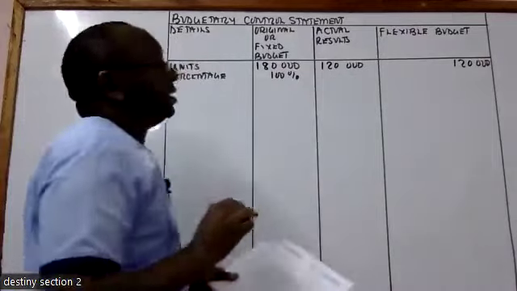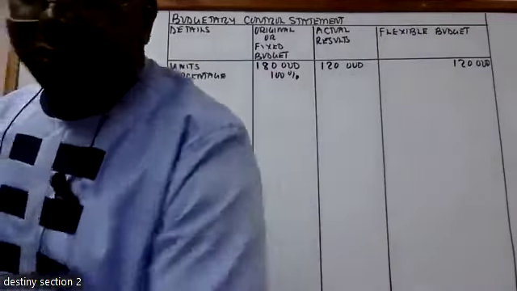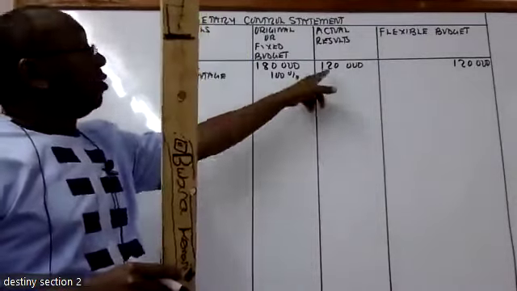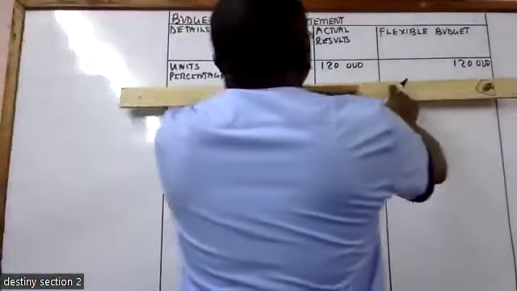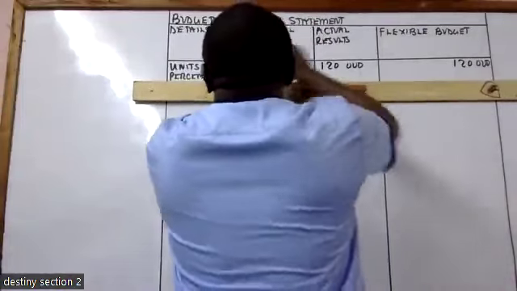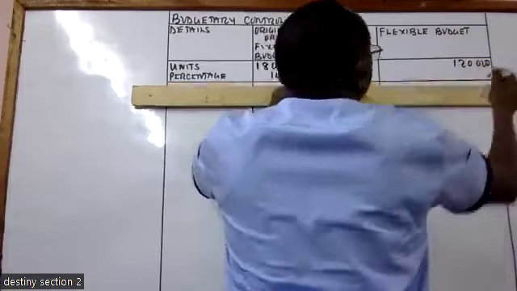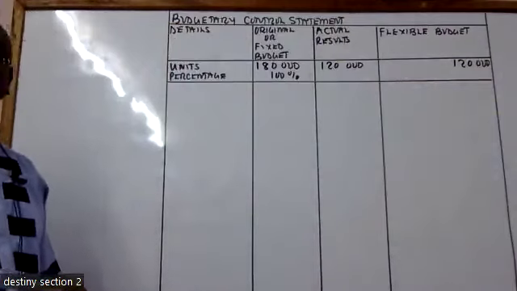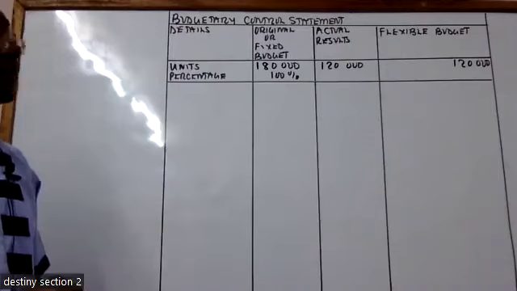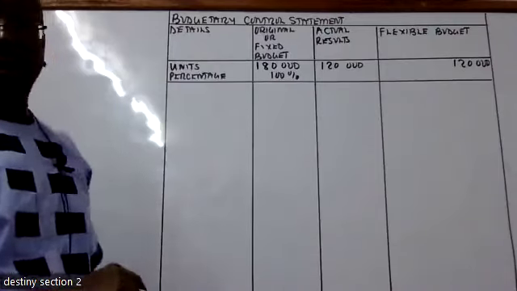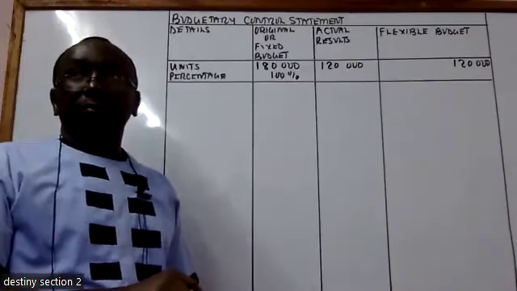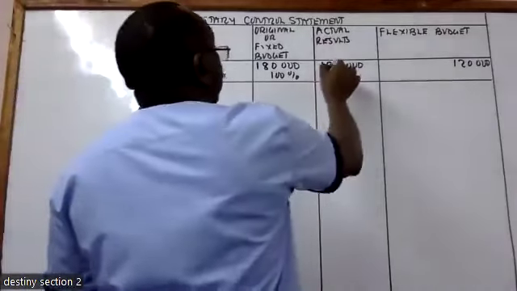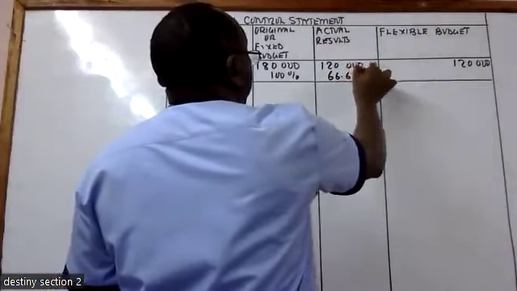So what you need to do now is to tell me, if 180,000 is 100%, what percent is 120,000? 66.67%.